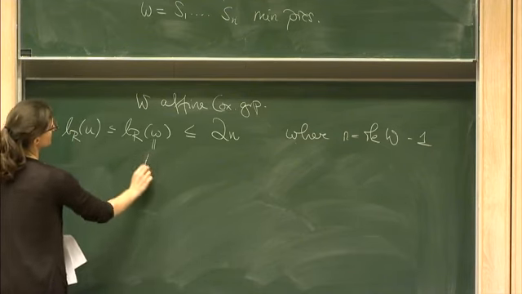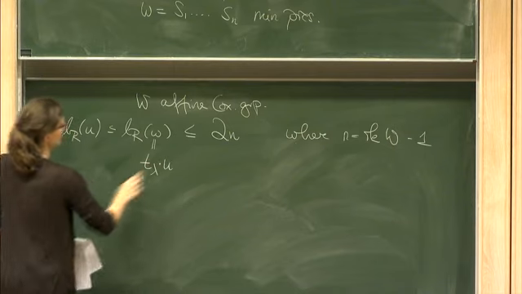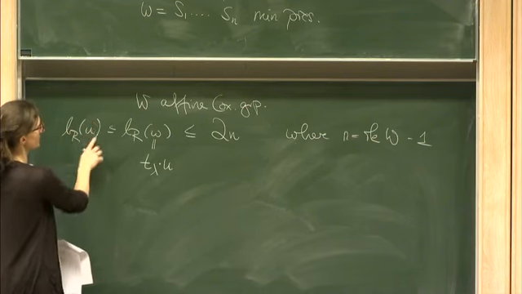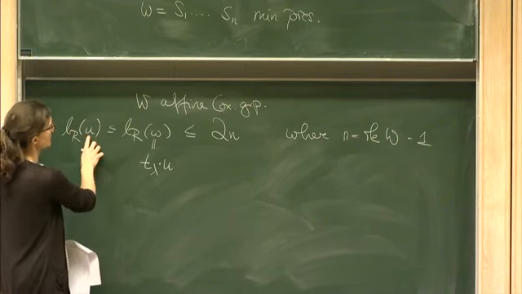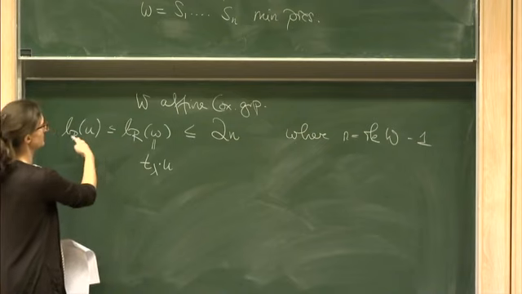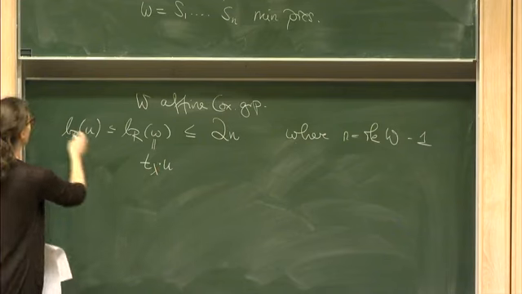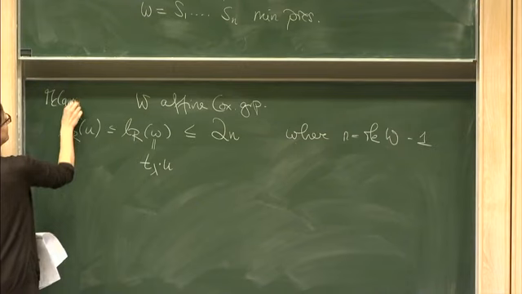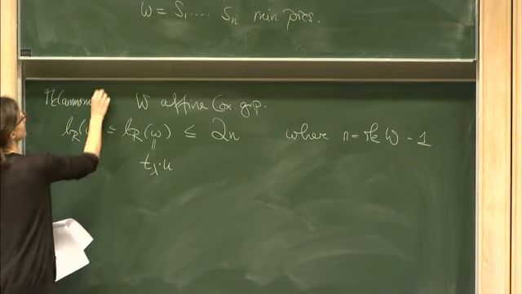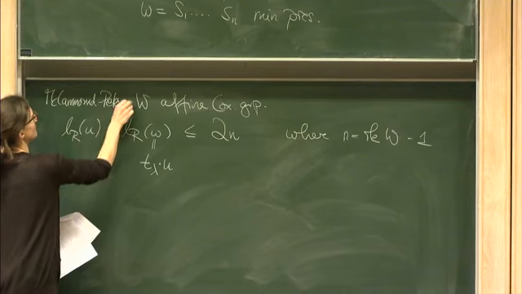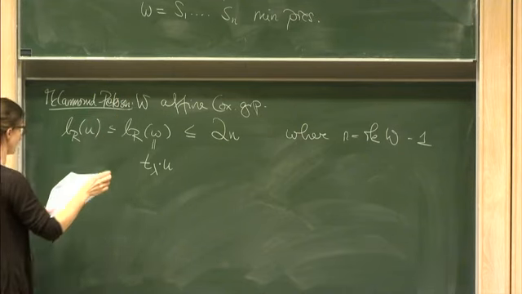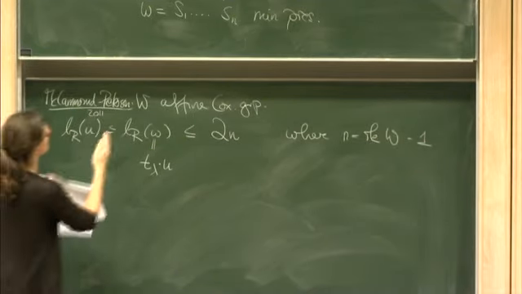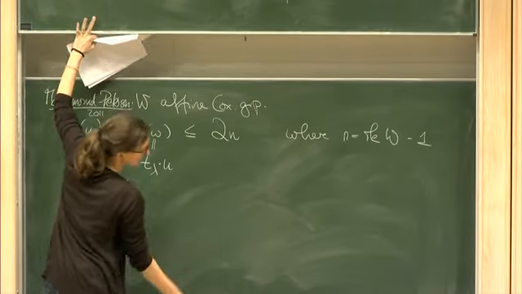So if you write this as t^λ times u, as we've done over here, then your local spherical direction, the reflection length of this one, is a lower bound for the reflection length of the affine one. And this is due to McCammond and Petersen, and it's from, I think, 2011. So that was the best possible known thing.